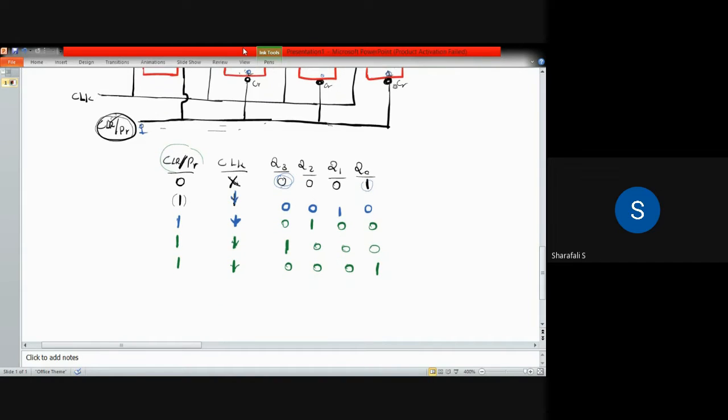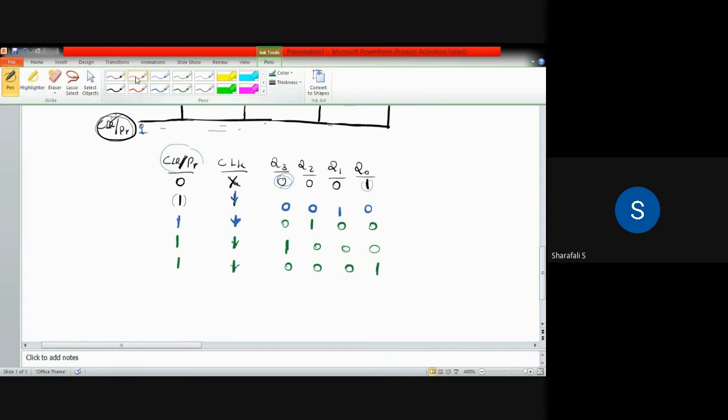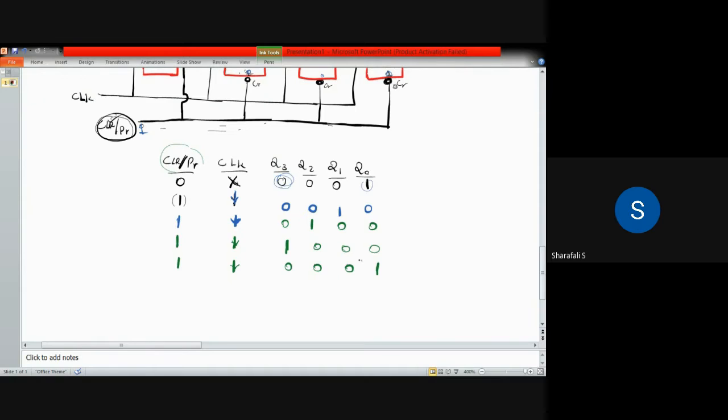Now, as you can see from this table, you can see this particular value which is repeating.